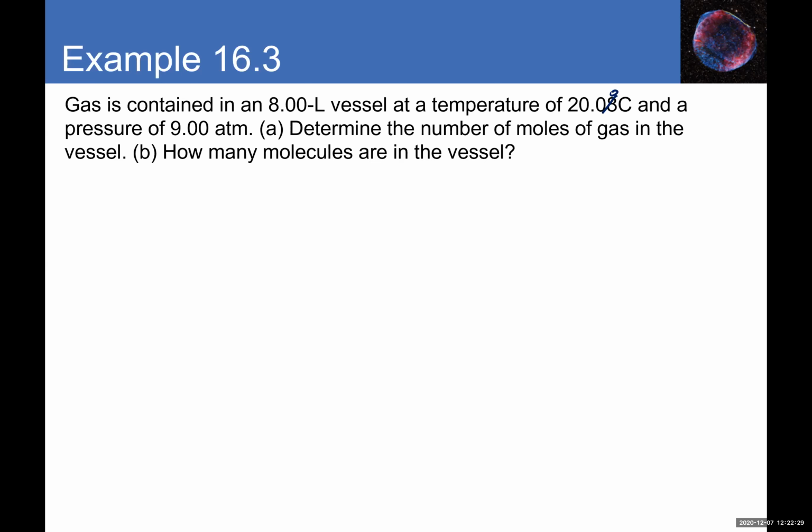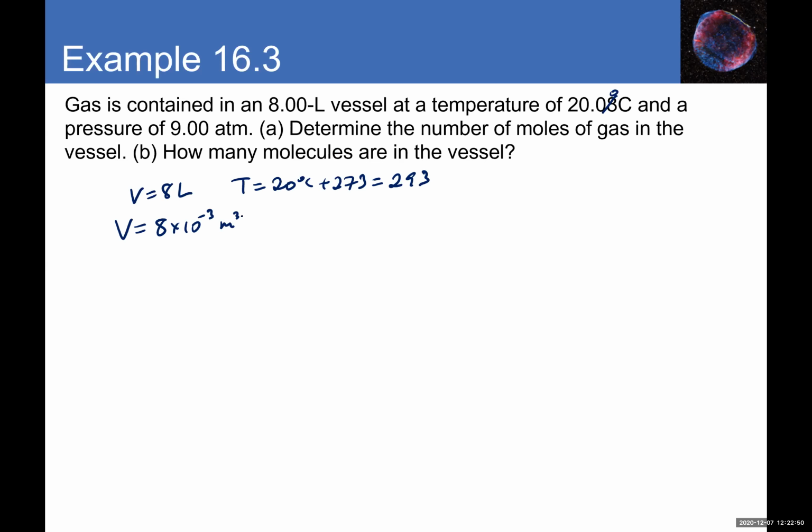All right. So we're given the volume, which is 8 liters, and we're given the temperature, which is 20 degrees Celsius. So I need to convert this into Kelvin. So plus 273 gives me 293. And the volume can be converted into 8 times 10 to the negative 3 cubic meters.